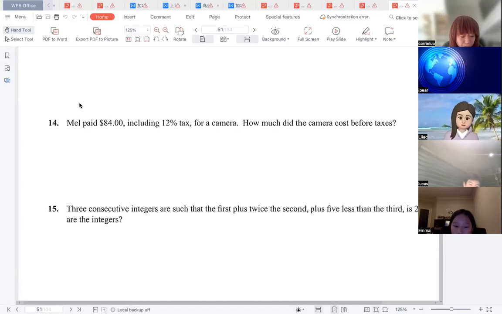Okay. How to use a calculator. 不行，不能 use calculator。 What? I don't know how to do this.